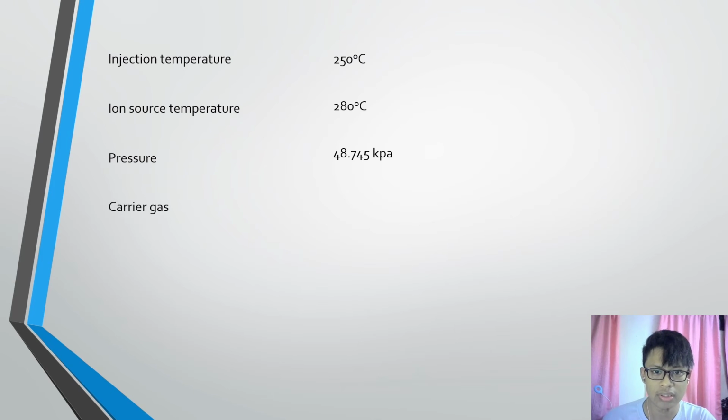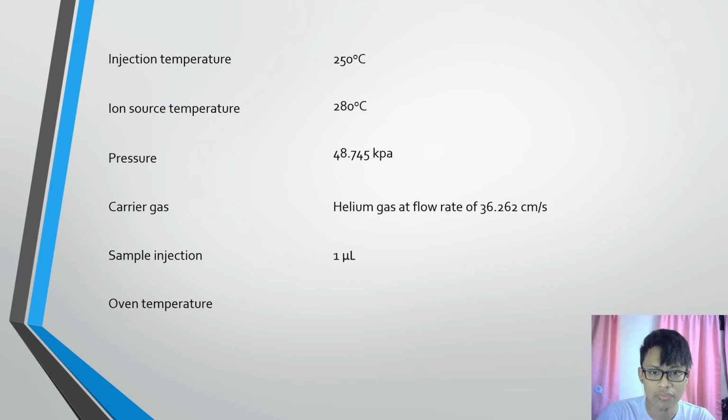The carrier gas used is helium at a flow rate of 36.262 cm per second. The sample injection of about 1 microliter was used. And lastly, the oven temperature initially started from 40 degrees Celsius for 1 minute and then ramped to 240 degrees Celsius at 3 degrees Celsius per minute.